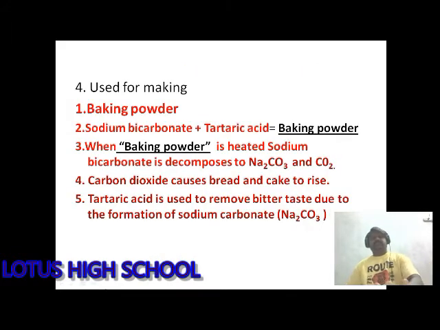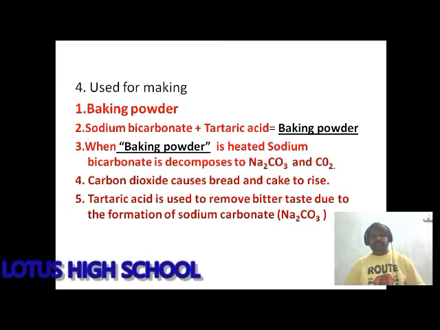Next, this is a very important question. Many times it is asked for 3 marks. Everybody is confused with this topic. Here our topic is baking soda, not baking powder.